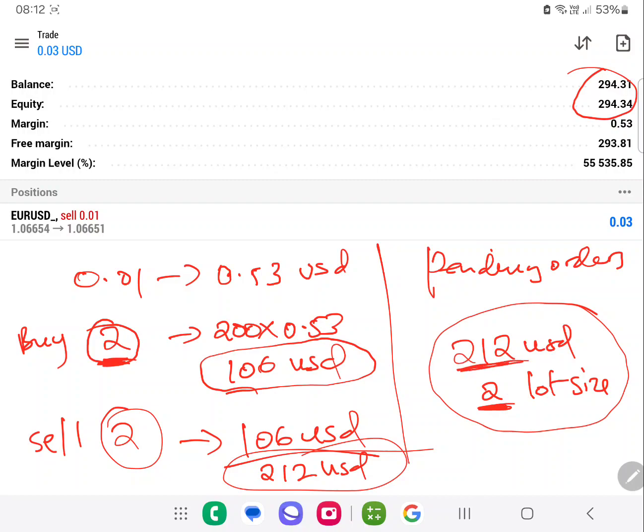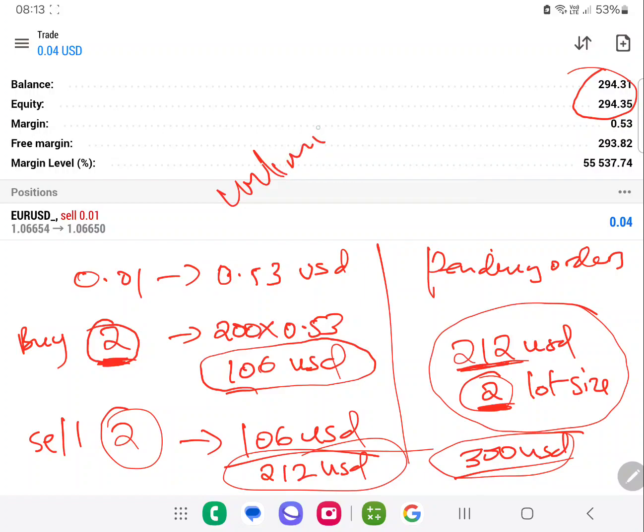In other words, if you have $300, it is okay to open a lot size of 2 on both accounts if you are using 1:2000 leverage. I think that has cleared the air, because I know that we have been denied unlimited leverage, and based on this analysis, we don't actually need it, because we also have to protect ourselves in case there is a drawdown.